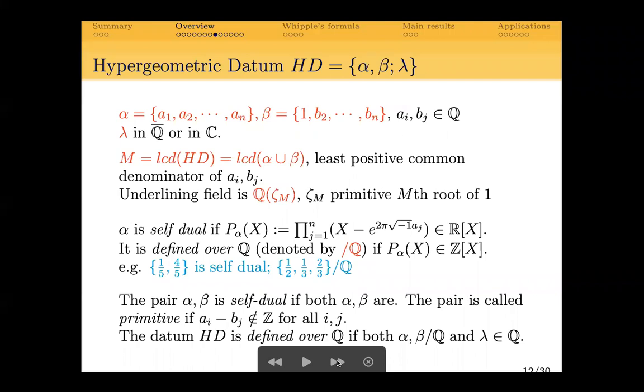So a hypergeometric datum consists of three players. First, alpha is a multi-set. The multi-set consists of lists of elements, which are, for this talk, rational numbers. Beta is another multi-set of the same length. And for our convention, the first one is fixed to be 1, and the others are all chosen to be rational numbers.